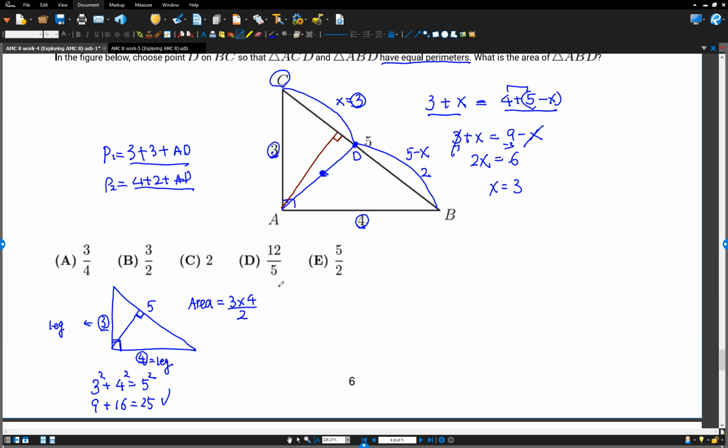Now forget about the legs. We just have this side, which is 5, and this height. Using only these two numbers, we can also find the area of this triangle. We said hypotenuse, but in this case, this is the base and this is the height.